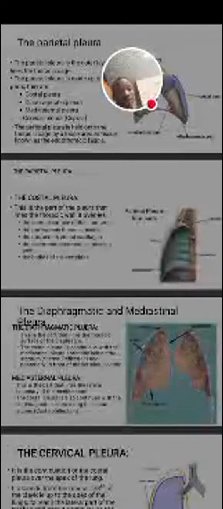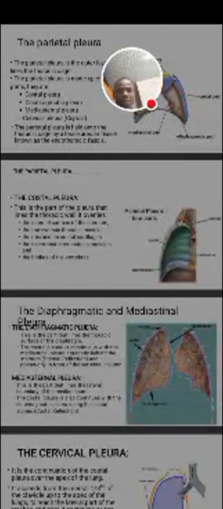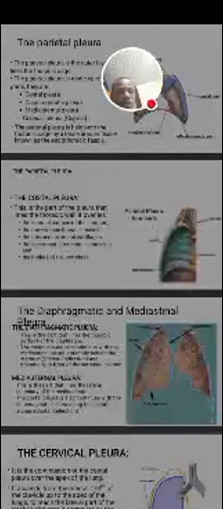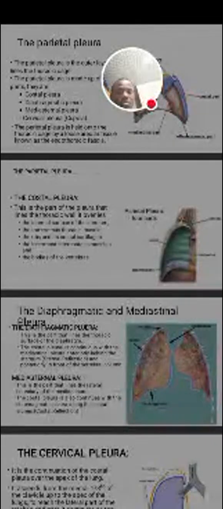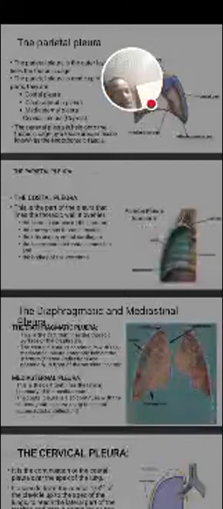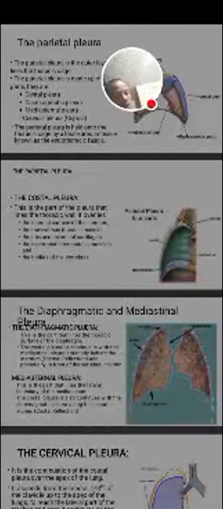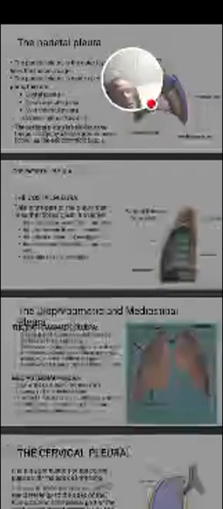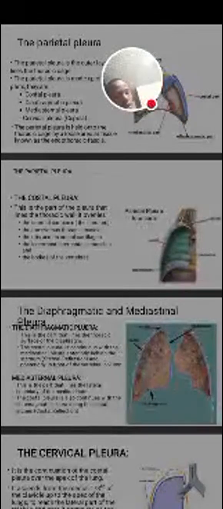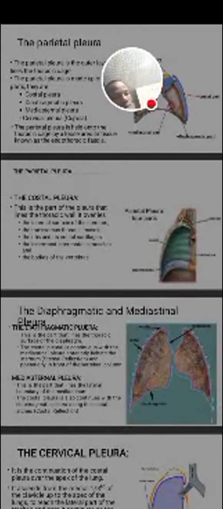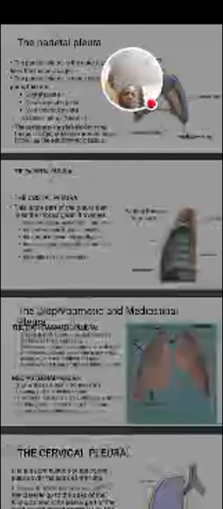The intercostal muscle, the rib, the transversus thoracis, all right, and then the body of vertebra, the vertebral body.